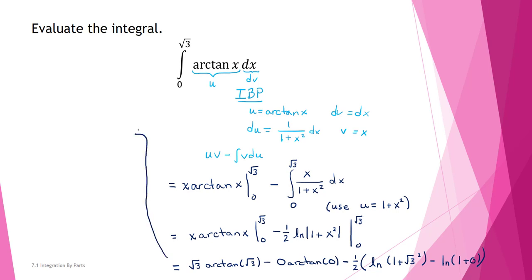Evaluating gives us square root 3 times arctangent of square root 3, which is pi over 3, minus 0, arctangent 0 is 0, minus 1/2 times natural log of 4 minus natural log of 1, which is 0. So in other words, pi square root 3 over 3 minus 1/2 natural log 4.